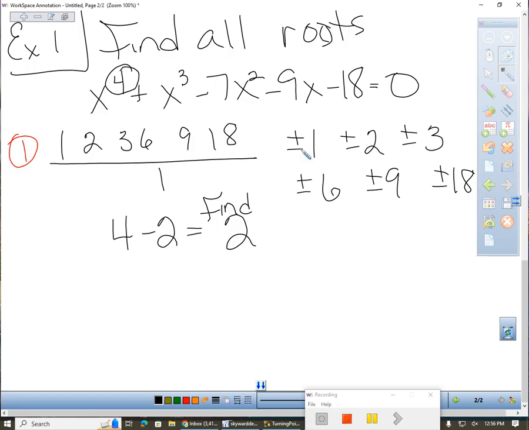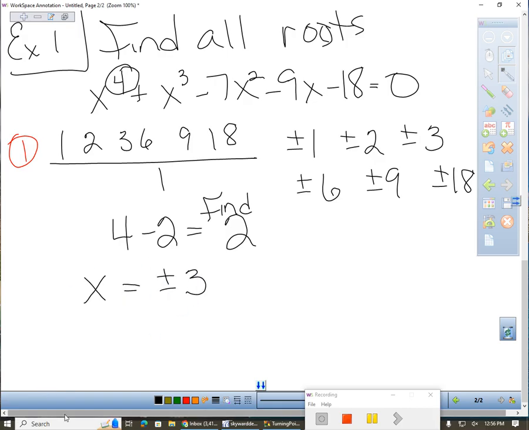Graph this polynomial and find me 2 zeros. Yes. The x equals plus and minus 3.